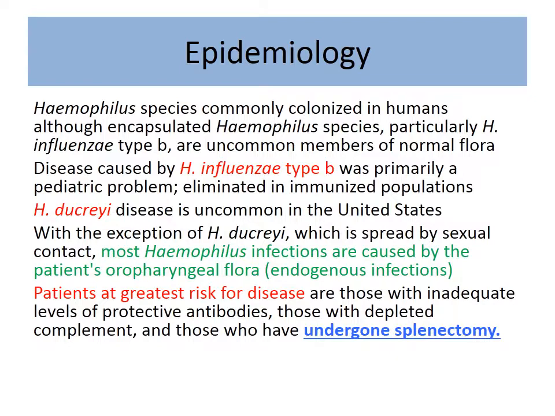As I said earlier, when we have problems of complement, or you have just had a splenectomy, you want to make sure that we give you passive immunity for protection against this bacteria, especially the capsulated bacteria.